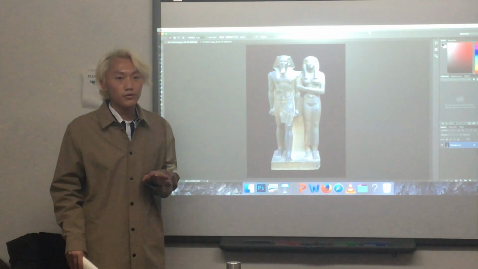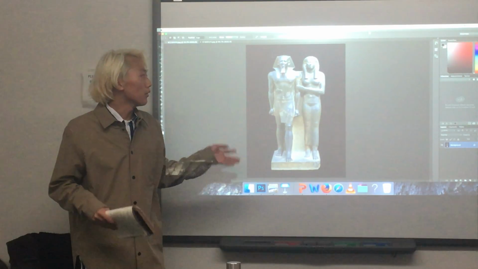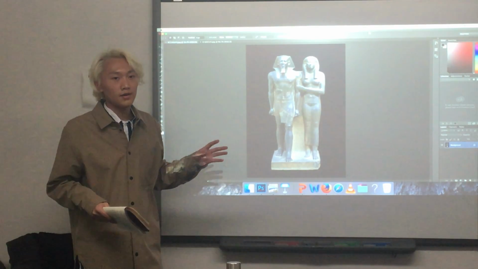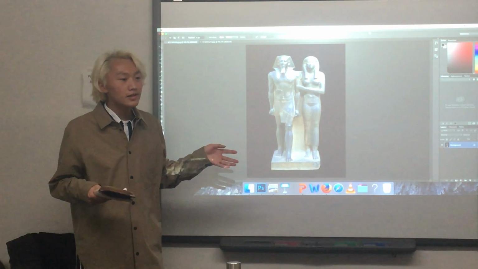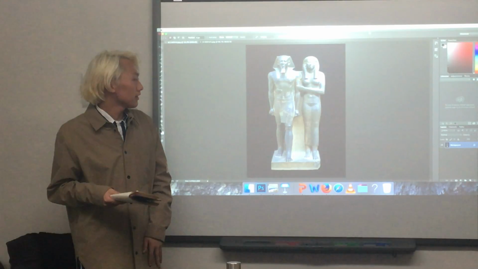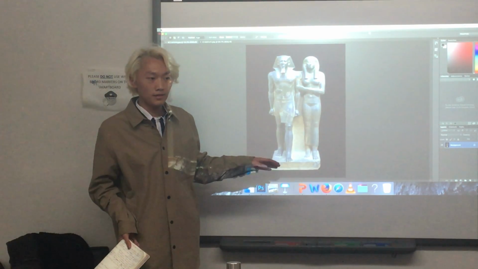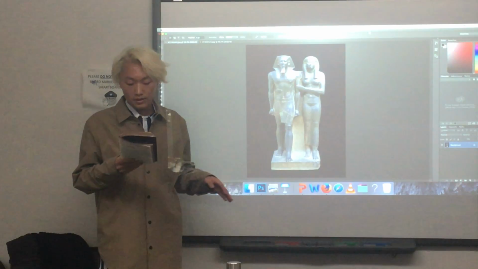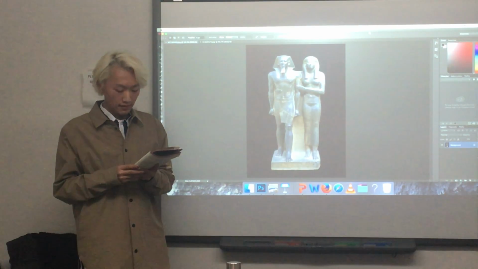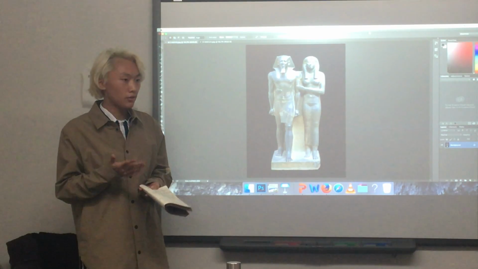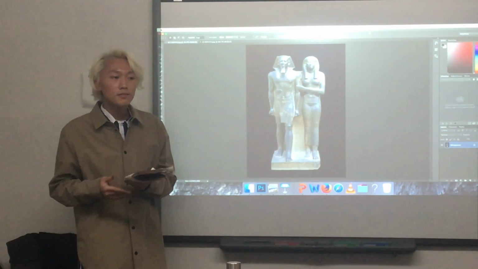He's also wearing a kilt, so in this way the artist can showcase his idealized upper body. Even though his left leg is slightly forward, there is no shift in this statue. So the statue is really stiff and idealized at the same time.